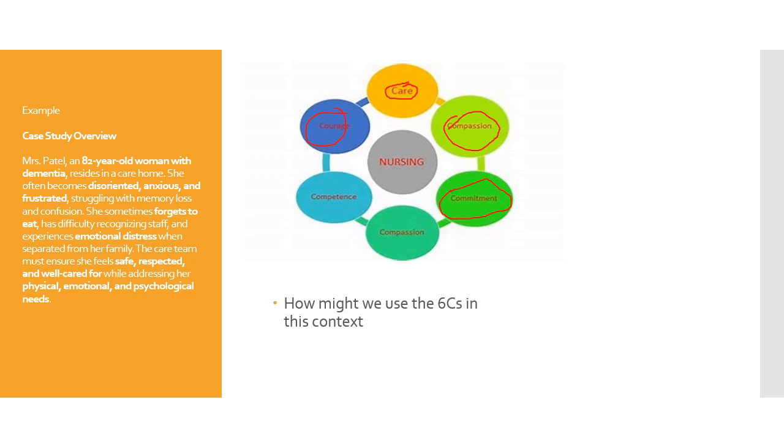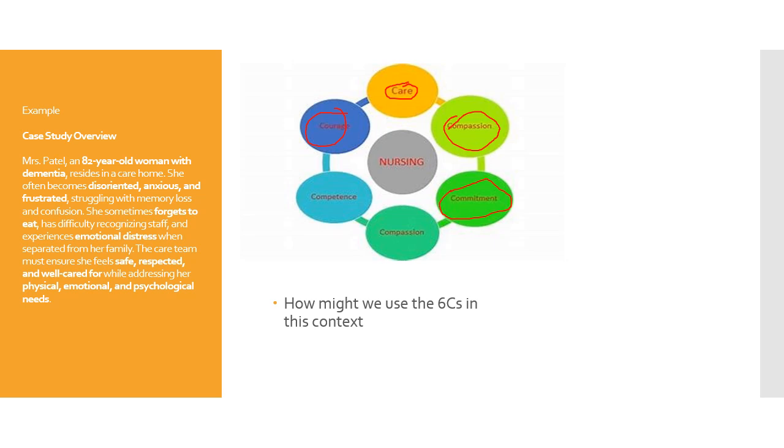context. So as we discussed, 6Cs are the 6 values which are very important when caring for service users. By applying the 6Cs, healthcare professionals, as you can see in the case study as well, can ensure that she receives the holistic, compassionate, and high quality care that meets her physical, emotional, and psychological needs.